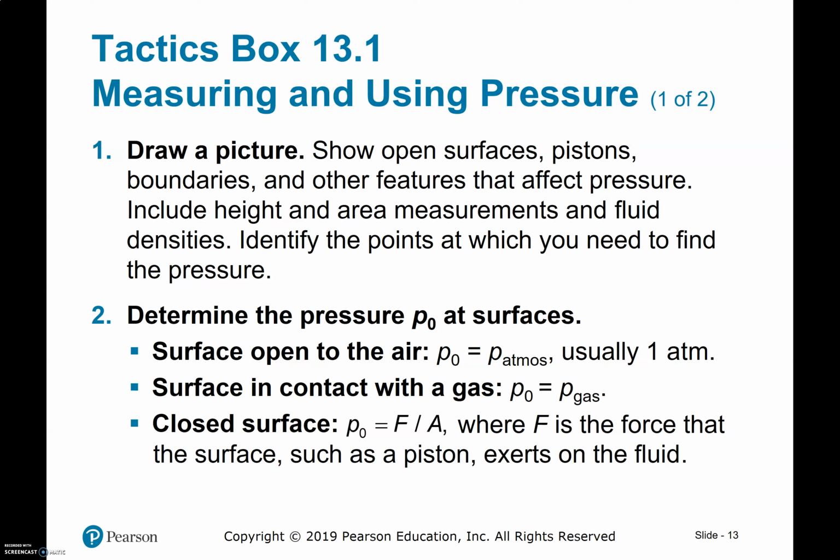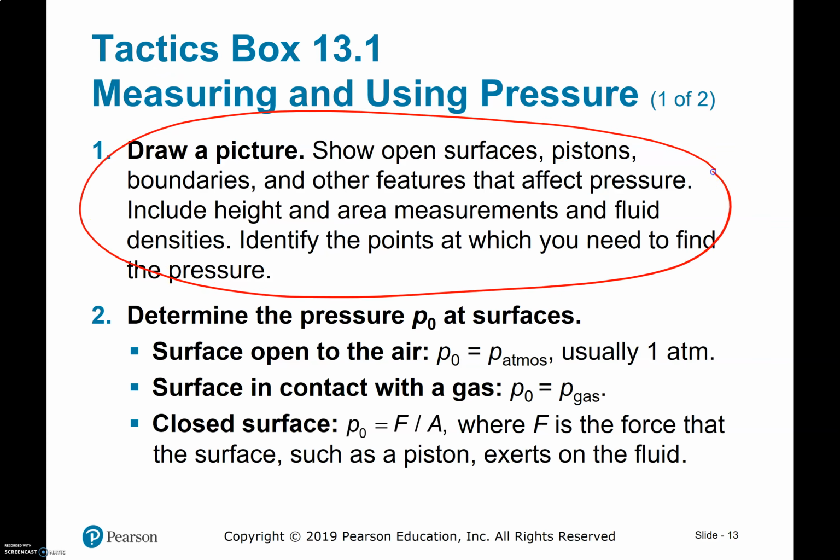So how do we measure pressure? Well, to measure the pressure, we use a few devices. So let's just look here at how to solve problems. So remember, first draw a picture, and then find a surface that is open. That'll be at 1 atm.